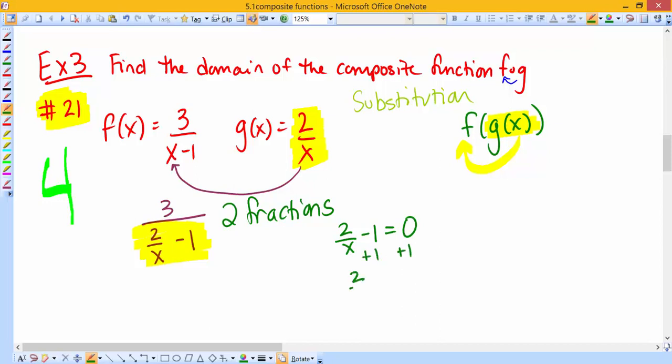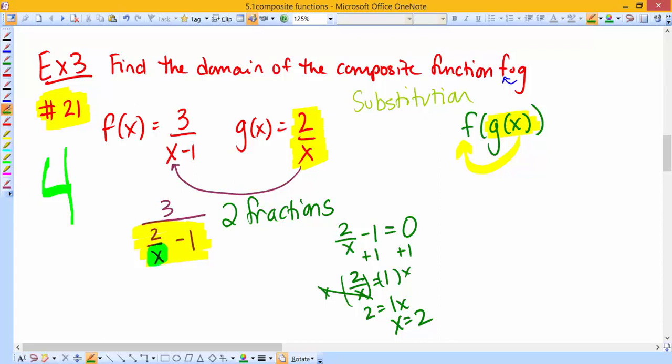So I add 1, 2 over x equals 1, multiply by x, 2 equals 1x. So I know x equals 2. That means x cannot equal 2. But I need to remember there are 2 fractions here. My other fraction is 2 over x. There's my other denominator.